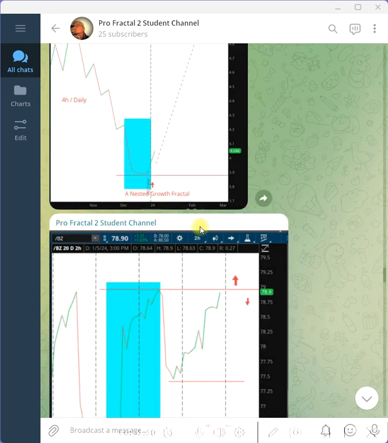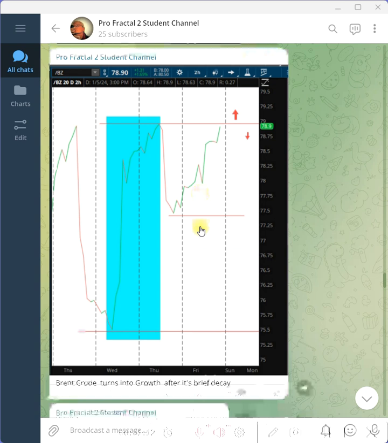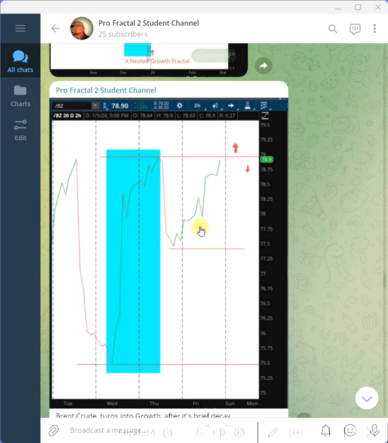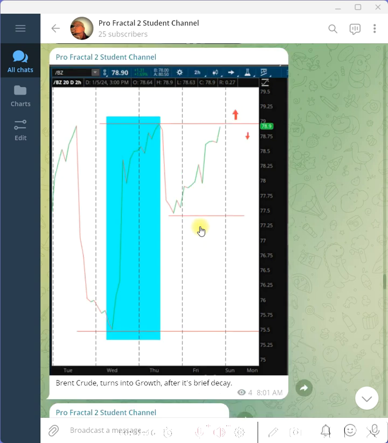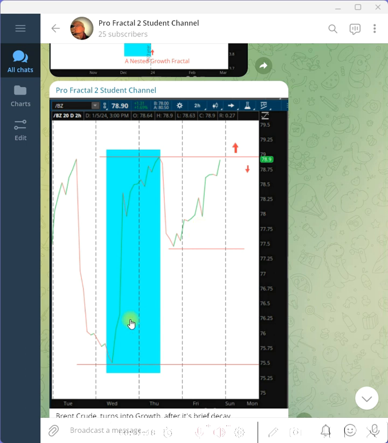Now, looking at another chart here, we're looking at Brent crude. Well, not everyone, but people are expecting a rise in the oil. Here we have a typical decaying fractal. That's the top.